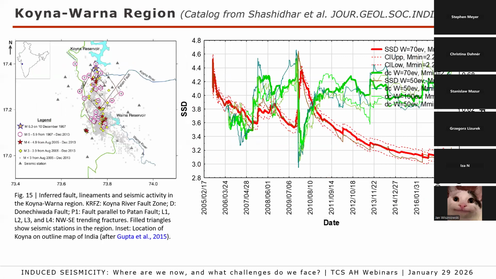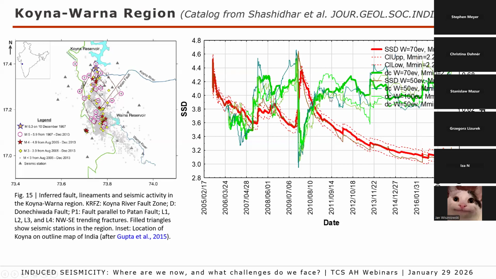So I come now to the Koyna-Warna region again. And thanks to the catalog shared by Sashida and colleagues, I also calculated the behavior of these two parameters for reservoir impoundment seismicity for this region. And here you can see the different trajectories of DC for different calculation sets.